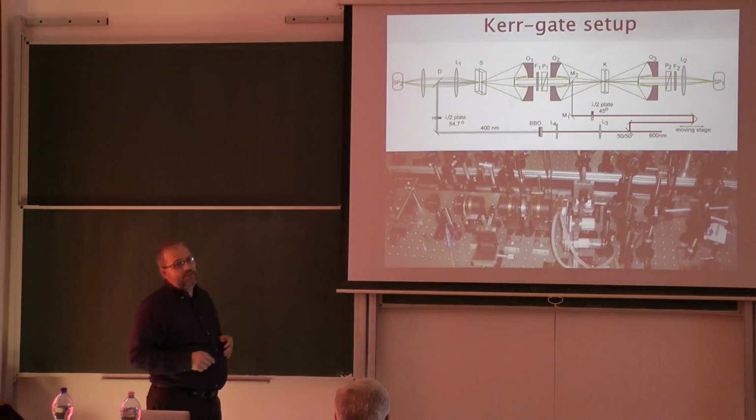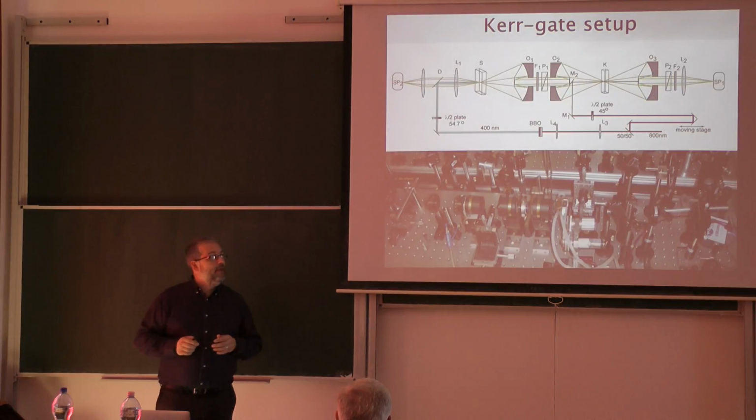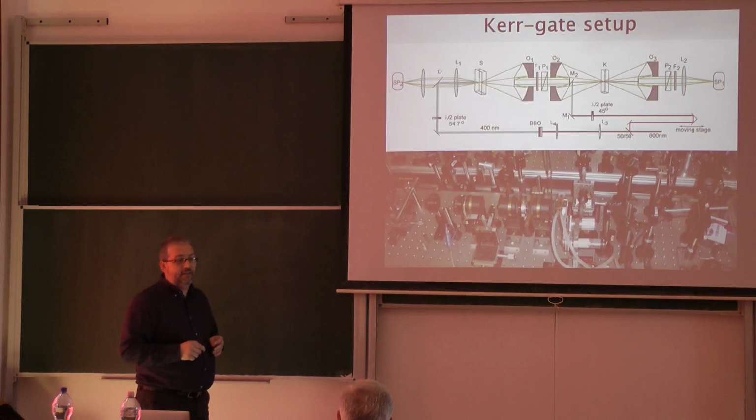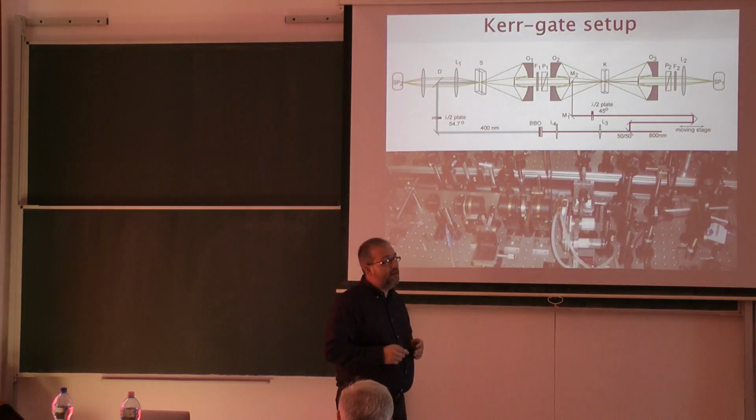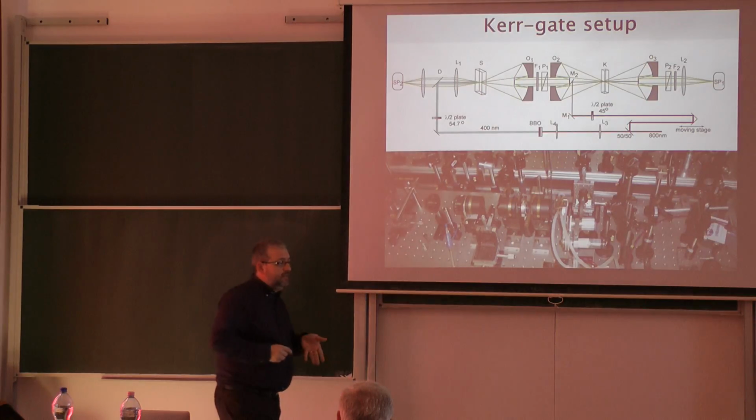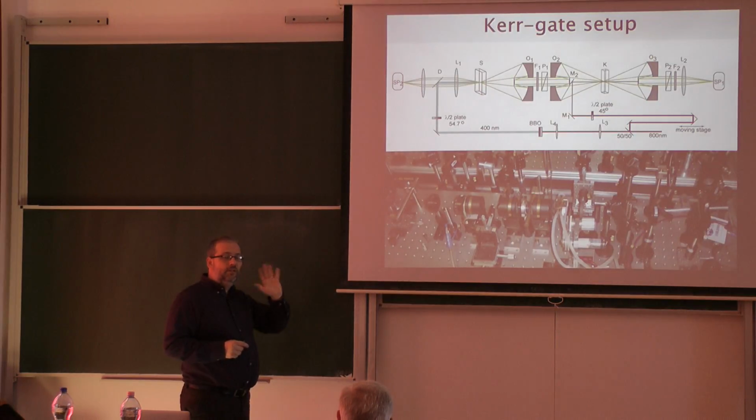And actually, the Kerr material can be many things. The easiest Kerr material is CS2, and this is the most loved Kerr material. The Kerr effect is very, very high. The disadvantage is that the relaxation is slightly slower, so it relaxes back in 1 picosecond.